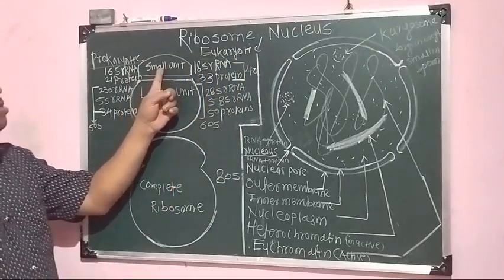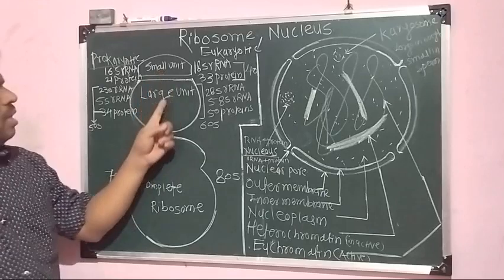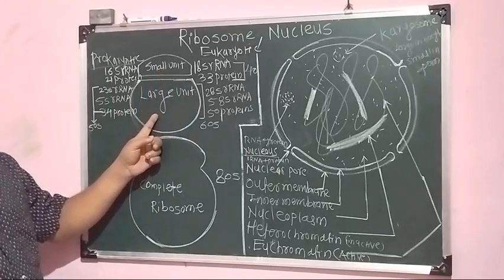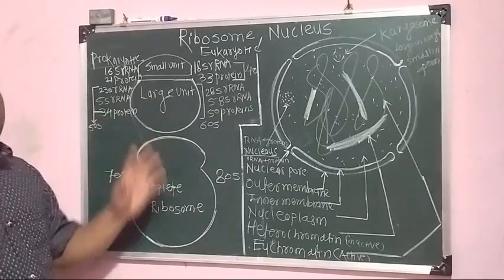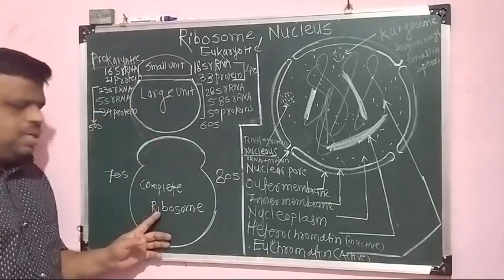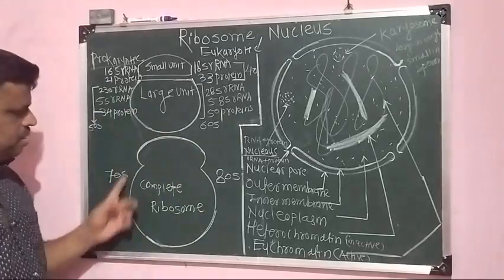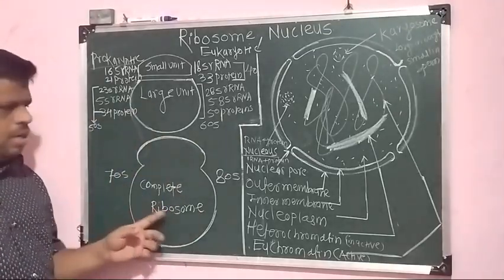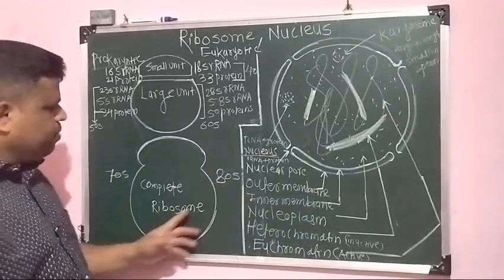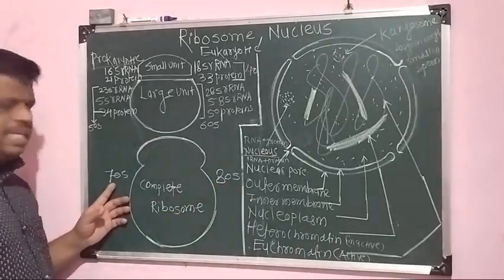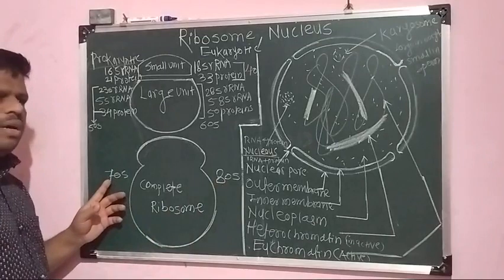The first part is called the small unit, and the second part is called the large unit. Both types of cells show a similar structure of the ribosome. This is a typical ribosome. But the eukaryotic cell contains the 80S type of ribosome, while the prokaryotic cell contains the 70S type of ribosome.